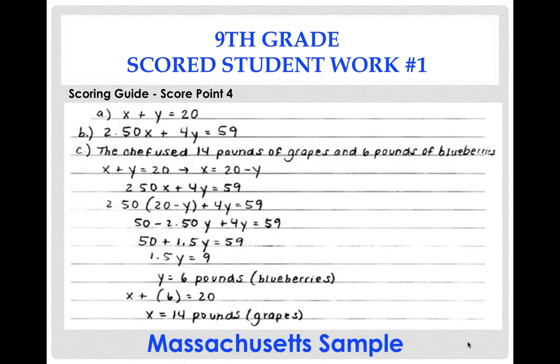All right, let's look at student number 1's scored work. This student scored 4 points out of 4 points. And again, I did not provide a rubric for you this month.